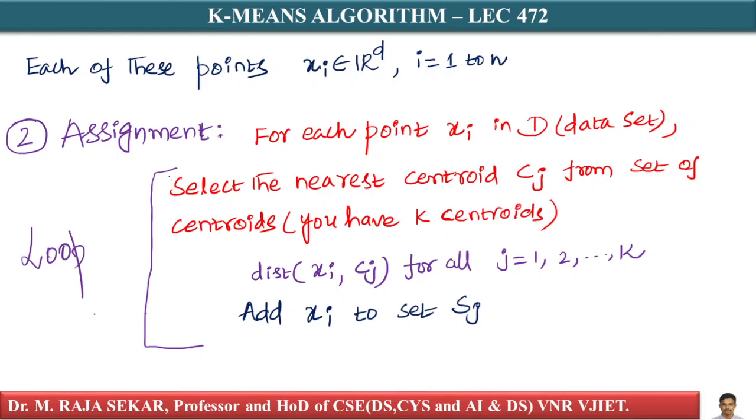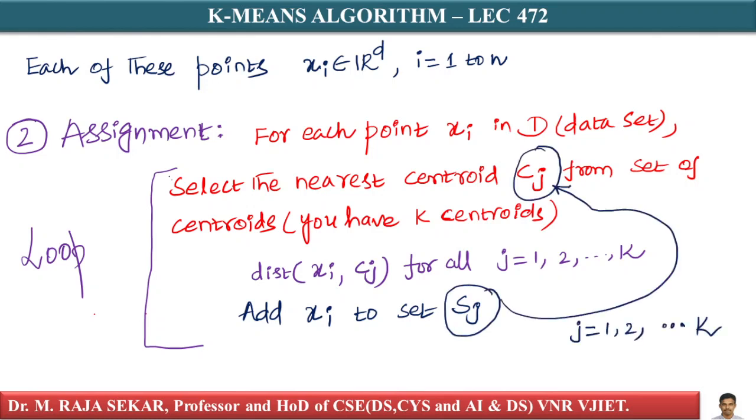Then you assign each of these points xi to the nearest centroid and add it to set Sj corresponding to the centroid Cj. This is called the assignment stage. The third stage is called recompute.